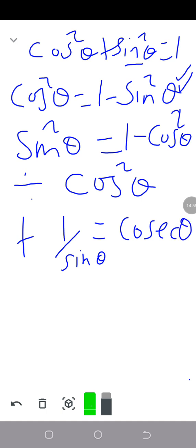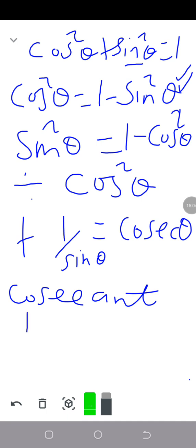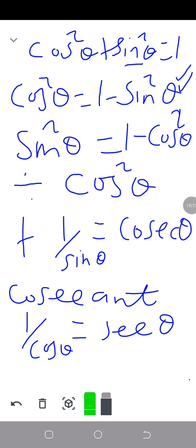Now, cosec theta in full is called cosecant of theta. Then 1 over cos theta, we said it is the same as sec theta, or in full it is secant of theta. So these ones seem to be new ratios for trigonometry, apart from those that you studied in O level.